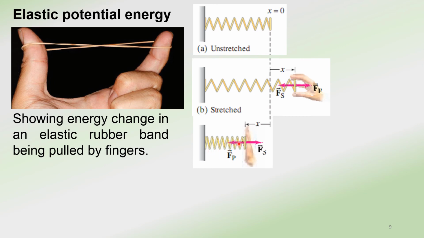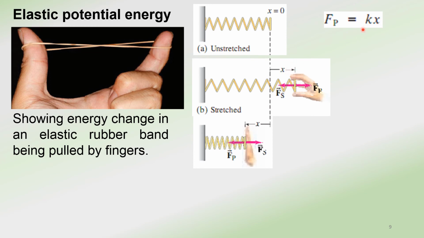This force to the left is a compressing force, and it is equal and opposite to the force in the spring, because the spring always tends to retain its original size. This force is equal to the constant k times the stretched length.